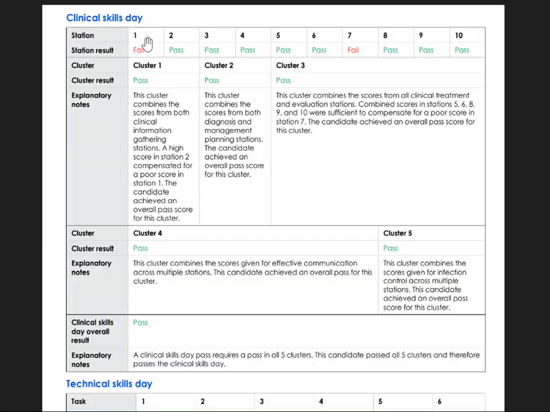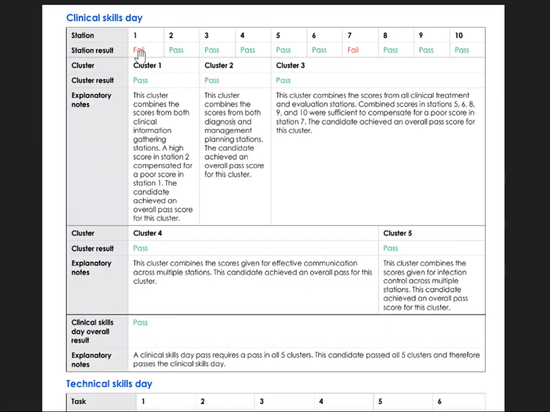All right. So it doesn't really depend on one station only. Both these stations act together and the total score is generated for this cluster, combining the individual scores of station 1 and station 2. Now, one more important thing that you need to remember is that this candidate failed station 1, all right, but he didn't fail the station very badly. And he passed station 2, either just passing it or passing it with a good score.